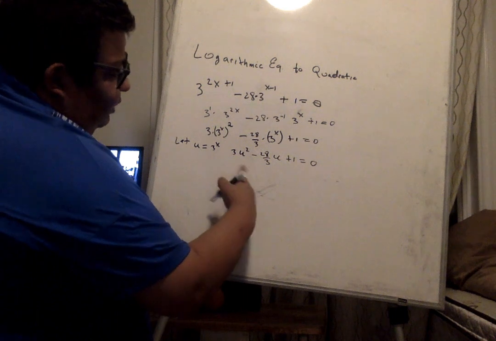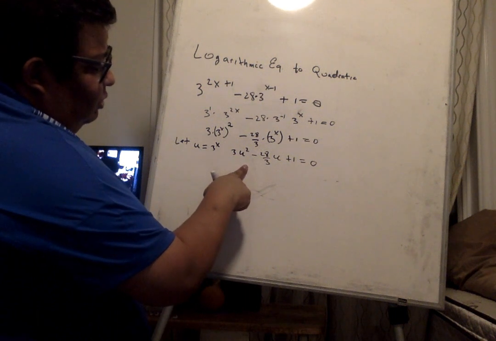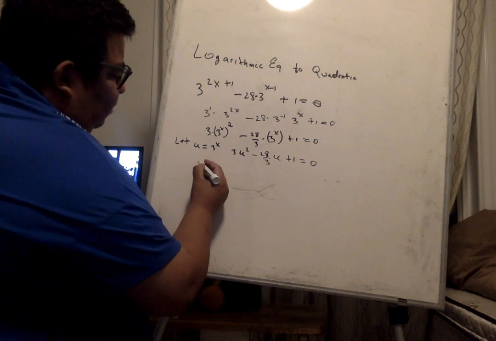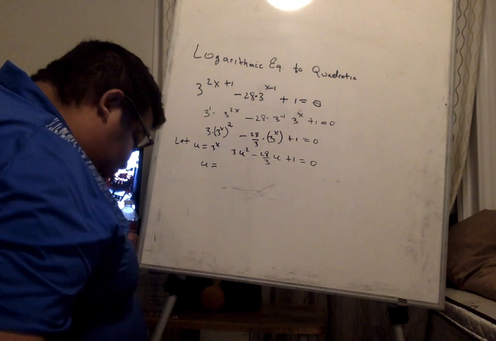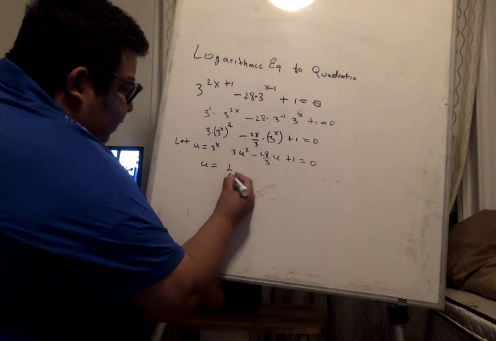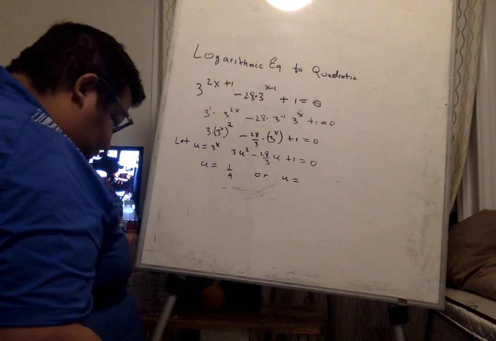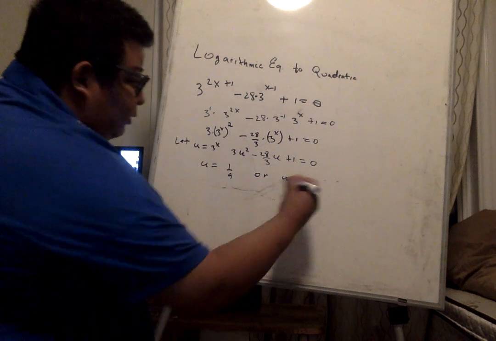When you solve the quadratic, I would choose something easy like the quadratic formula. With the quadratic formula, you're going to get u equal to 1 over 9, or u equal to 3.